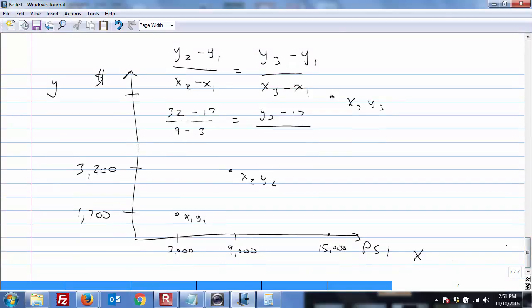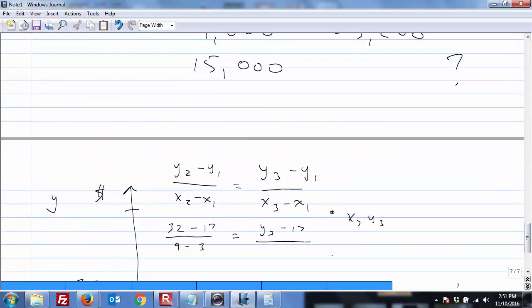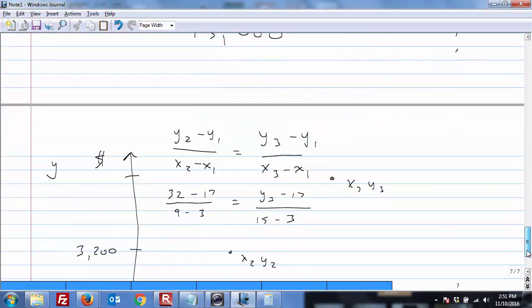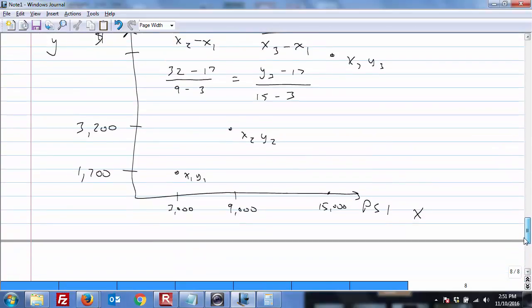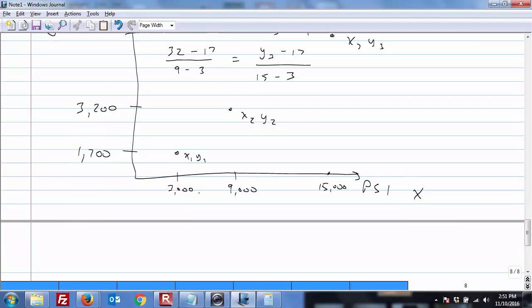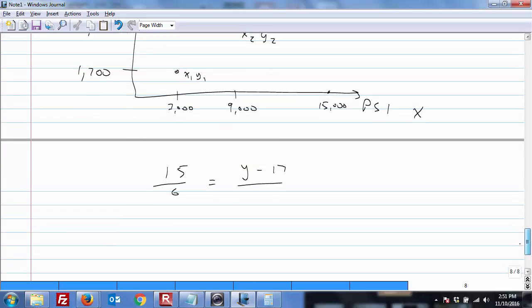We know x3 now is at 15,000, so 15 minus 3. Now it's going to come out the same. 32 minus 17, that's 15, over 6 equals y minus 17 over 15 minus 3, which is 12.